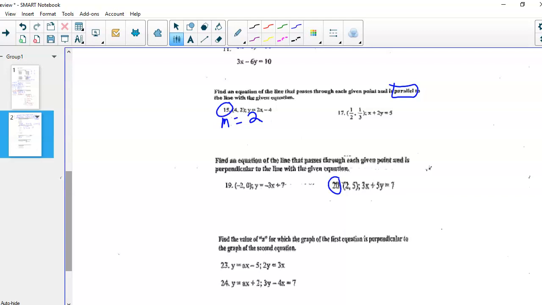Now that we know our slope, we have an x, we have a y, we have m. We need to find b. So 2 equals 2 times 4 plus b. Solve for b. So what's our equation?